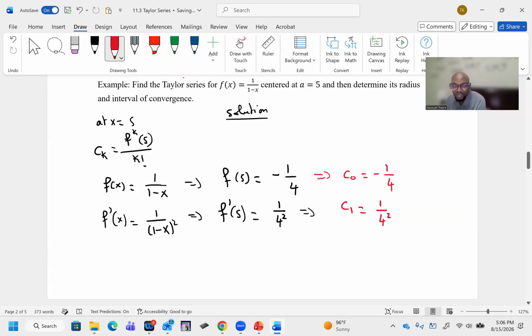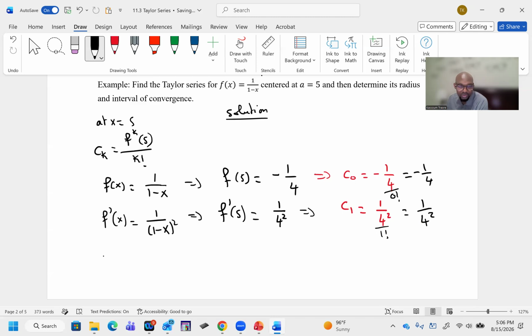Or if you want, let me write so you can see. Which is negative 1 divided by 4, 1 factorial, which is 1 divided by 4 squared.